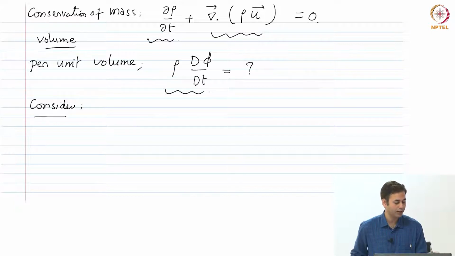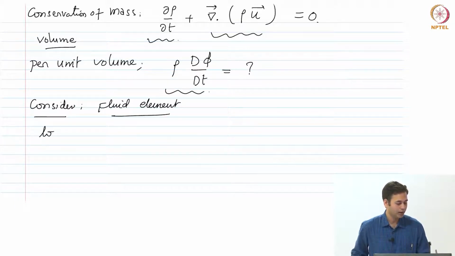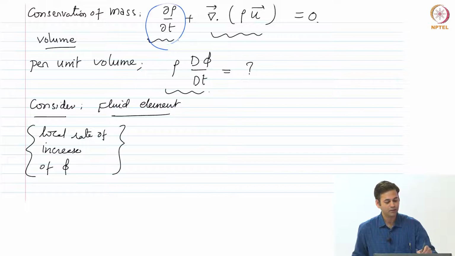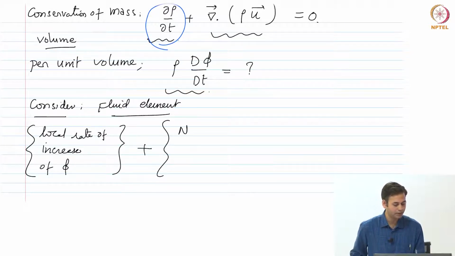Okay. Now, in order to develop this, similar to the earlier case, I want to consider a fluid element. Inside this fluid element, I am interested in the local rate of increase of phi, which is similar to the partial rho partial t that we have. And I want to know what will be the net flow of phi per unit volume out of the fluid element.